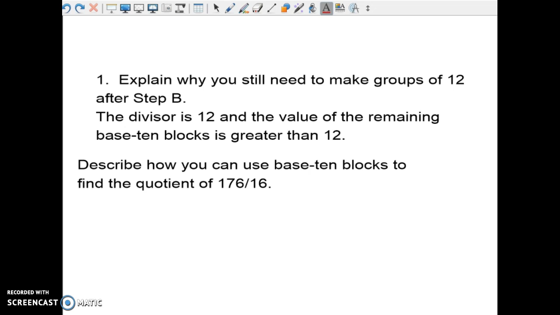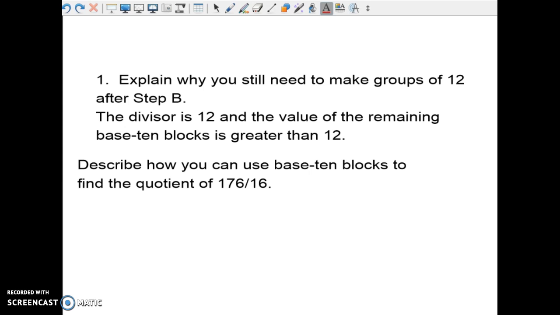So how many 10 sticks are we going to put under our hundreds block to make 16? 1 and 6. Okay, and then what are we going to do with what we have left over? We're going to see if we can divide it still by 16, right? If there are more 16s in there or not.